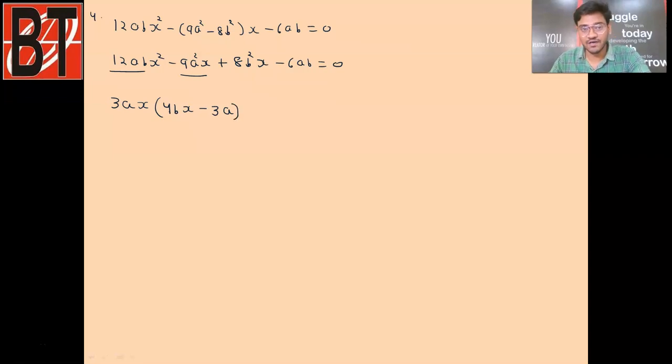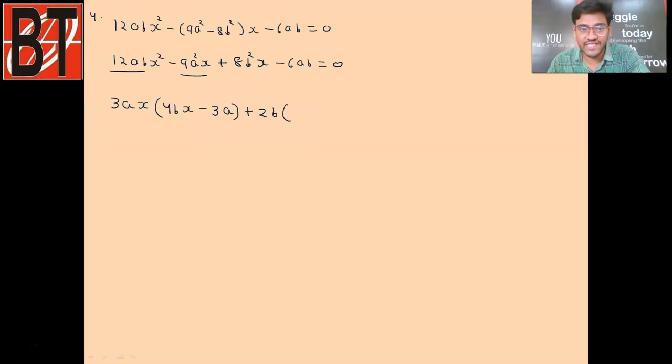Now students, we have to take common out of the next two terms. You may check, 8 and 6, 2 can be taken common. In b square and b, b can be taken common, so plus 2b is the complete common thing in these two terms.